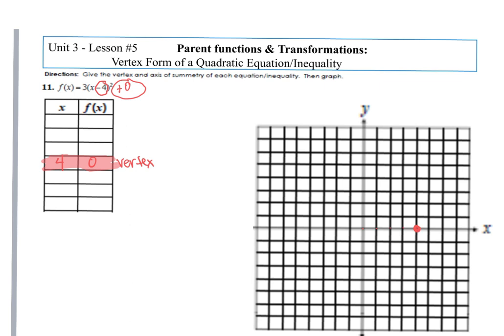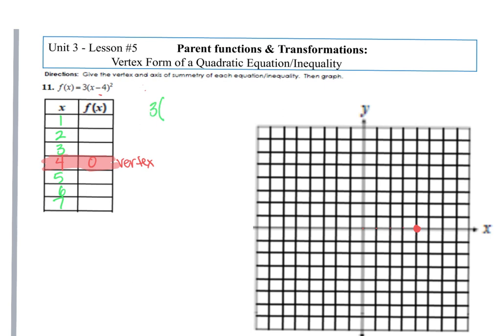Okay, filling in the rest of our x column, we have 3, 2, and 1 as we move to the left, and 5, 6, and 7 as we move to the right. Now filling in these values, maybe let's erase this so it looks a little bit neater. Okay, we're plugging in 1 for x.